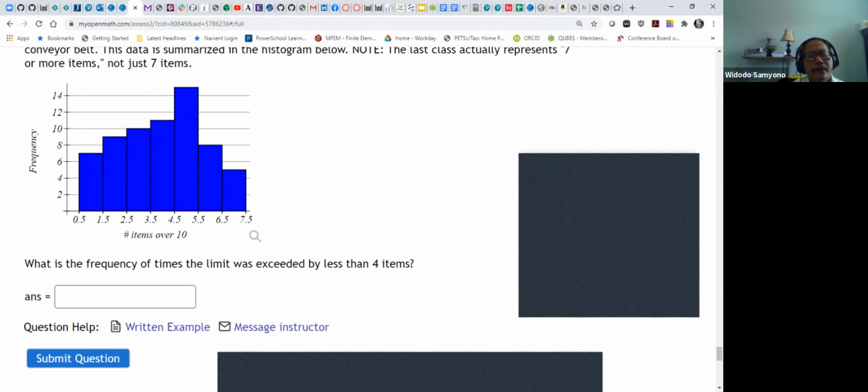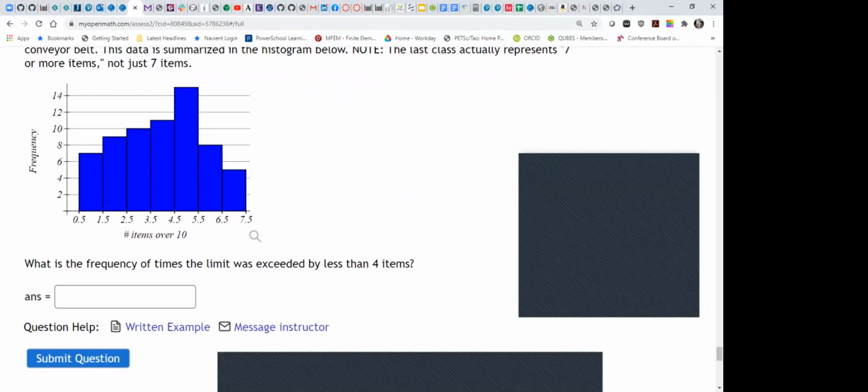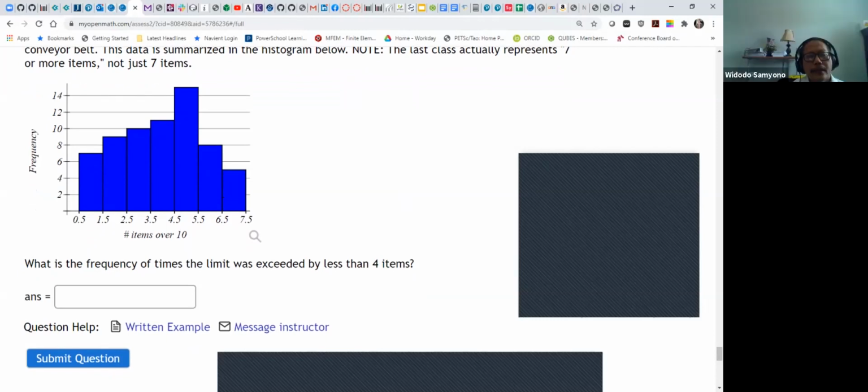Yes. Because you're looking for the frequency of time limit exceeded by less than 4, you need to add this frequency and this frequency. So the answer will be 7 plus 9 plus 10. 7 plus 9 is 16, 16 plus 10 is 26. Okay, so the answer is 26.